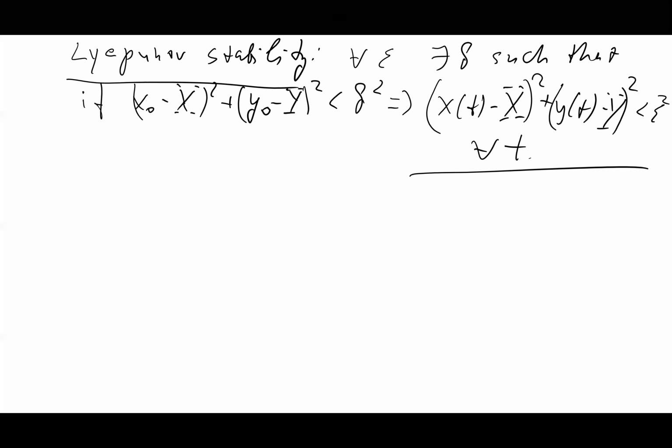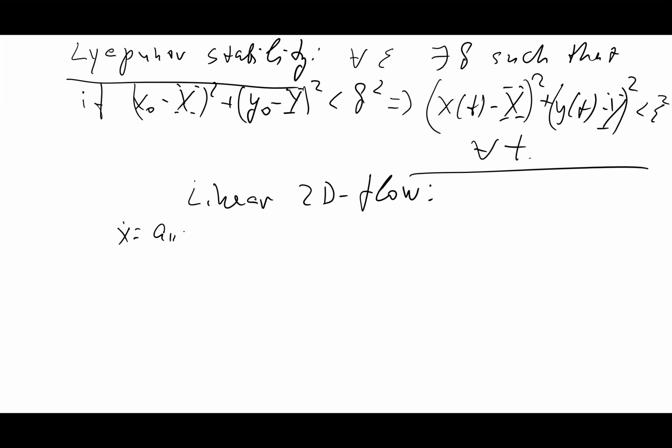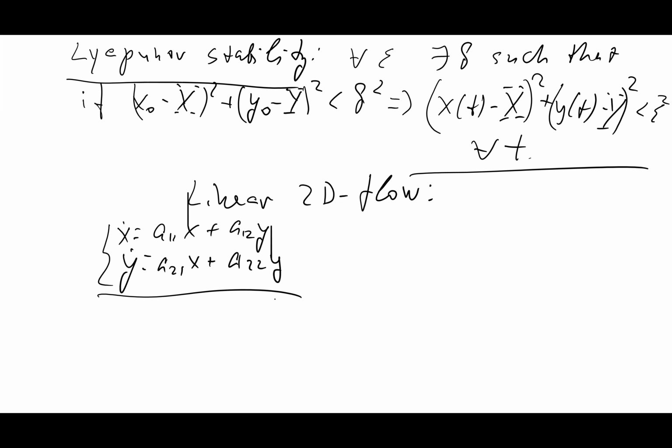In our analysis of stability of equilibrium, we will start by considering linear flow. So let's consider linear two-dimensional flow. This will be linear and homogeneous: x dot equals a11 x plus a12 y and y dot equals a21 x plus a22 y. And what we will do, we'll introduce vector U with components x and y.